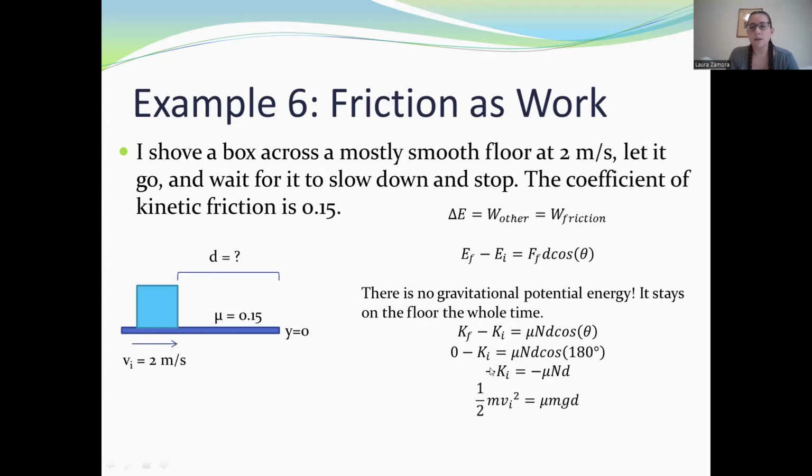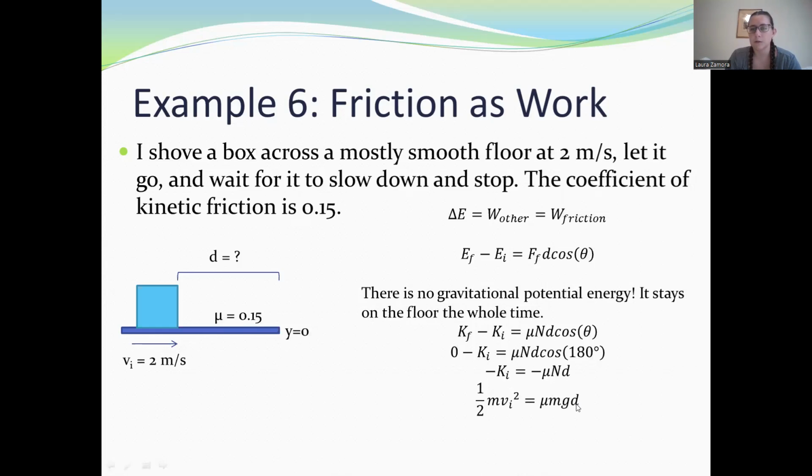We know that kinetic energy is 1/2 mv squared. Mu we were given in the problem. The normal force, since this box is sitting on level ground, is not being dragged through the ground, and is not being lifted into the air by anything else, is equal to the force of gravity in this case, which is mass times g.